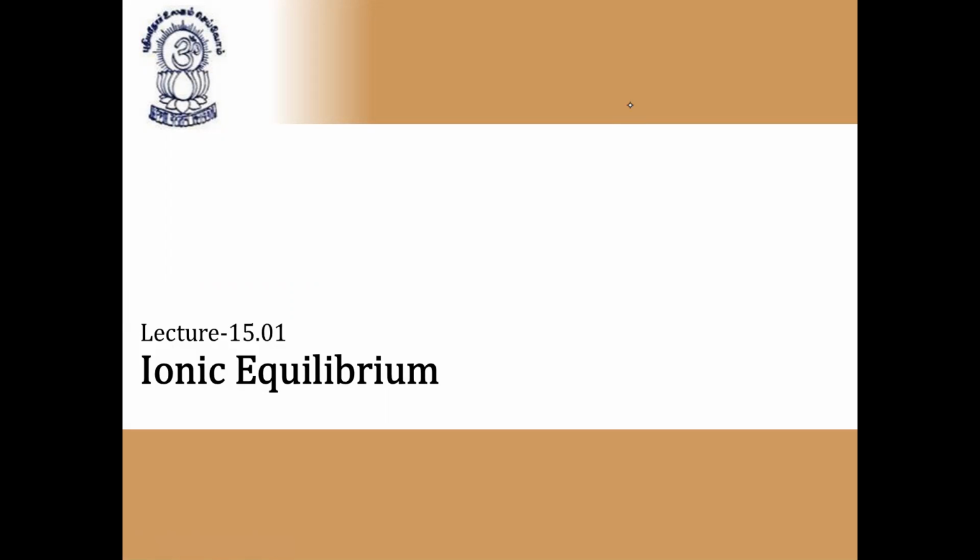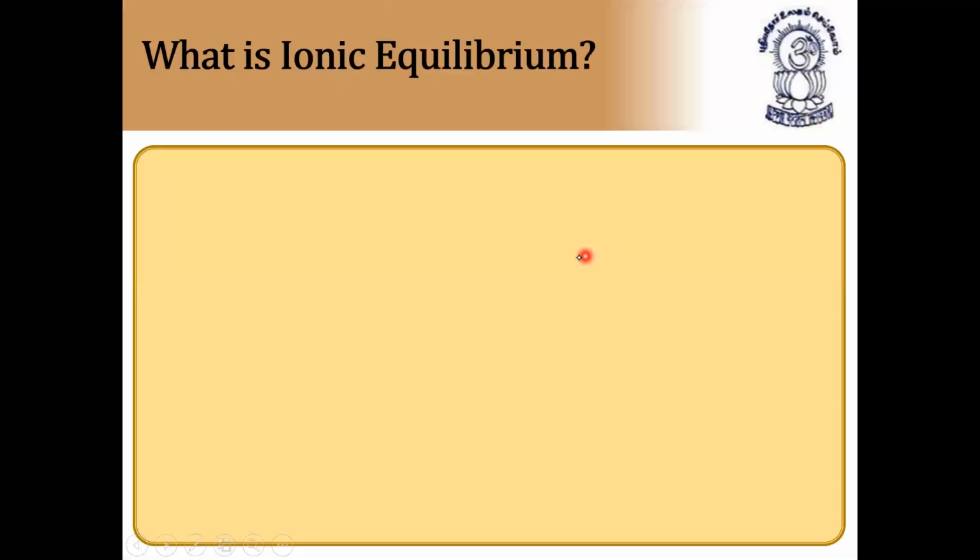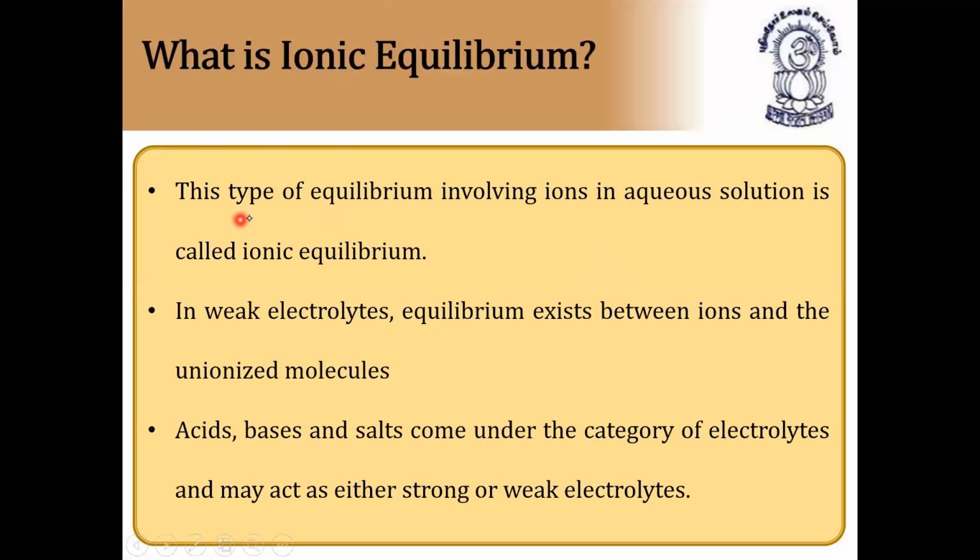Whereas ionic equilibrium is nothing but the equilibrium existing between the ions in aqueous solutions. This type of equilibrium involves ions in aqueous solution. The important point is ions in aqueous solutions is called ionic equilibrium.